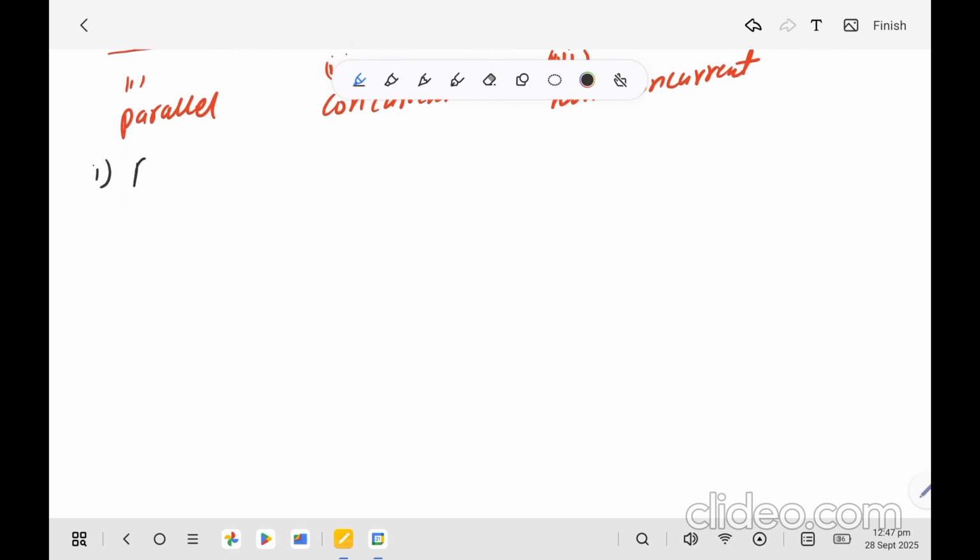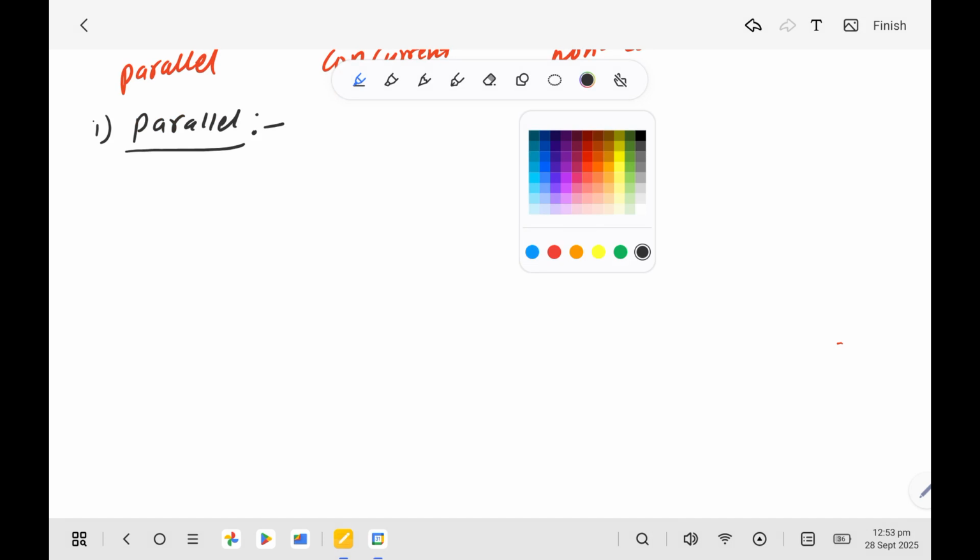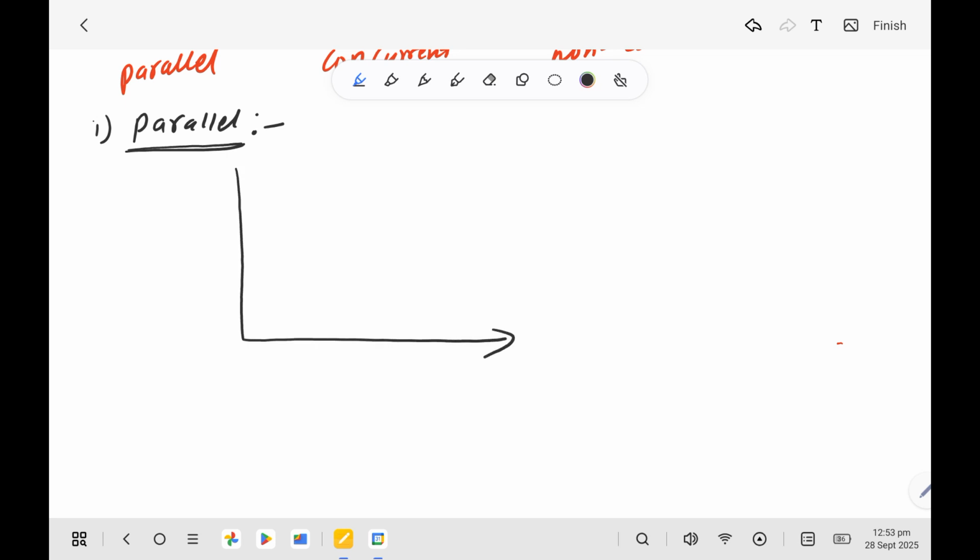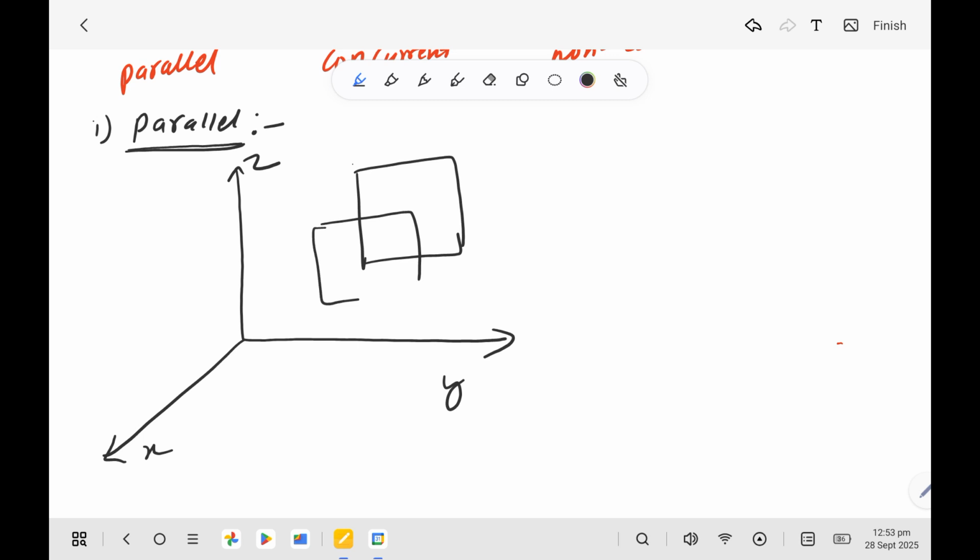The first is parallel. So now let's discuss the parallel non-coplanar system of forces. To understand this concept, let's assume an object in space, and we consider a body of mass m.